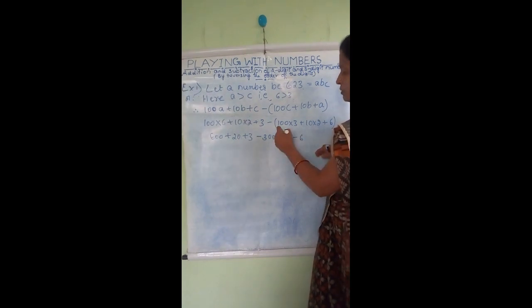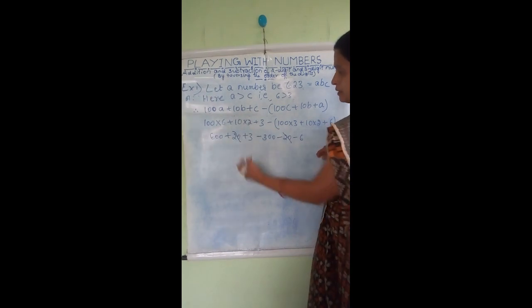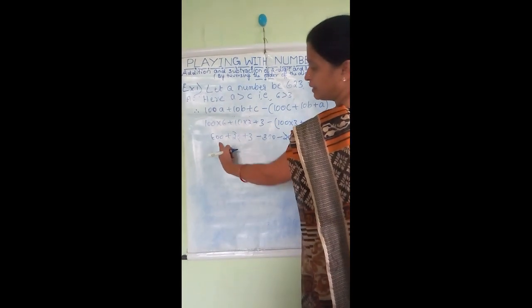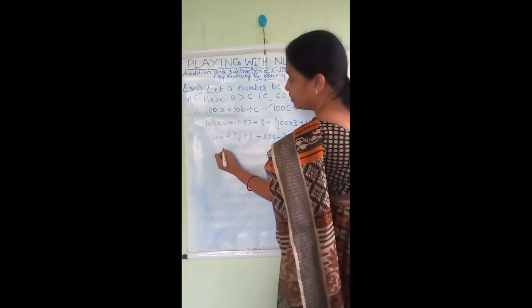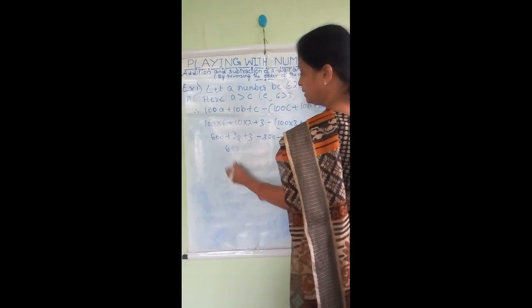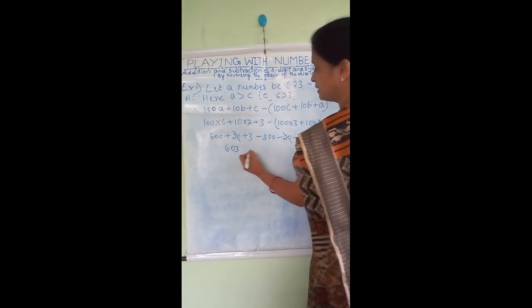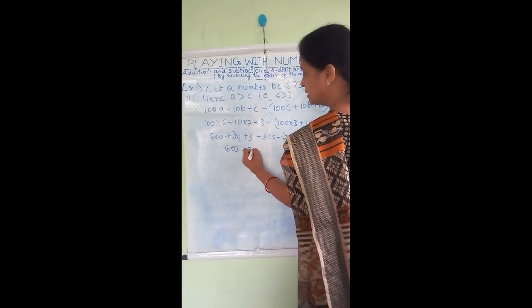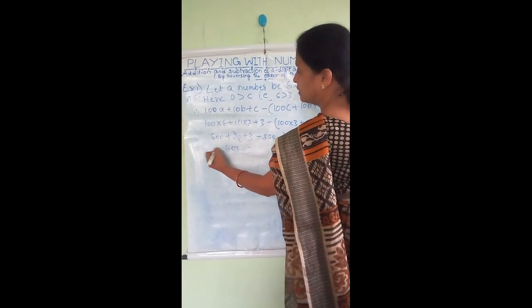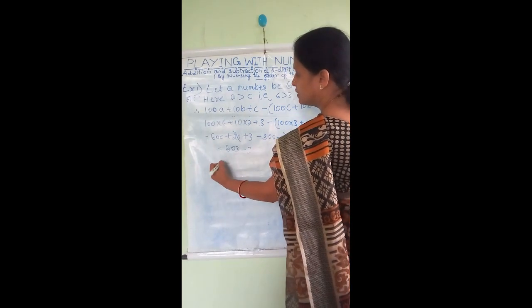Plus 20 minus 20, both will get cancelled. Now this is plus 600, this is plus 3, so 603 you will get, and here minus 300 minus 6, so minus 306.